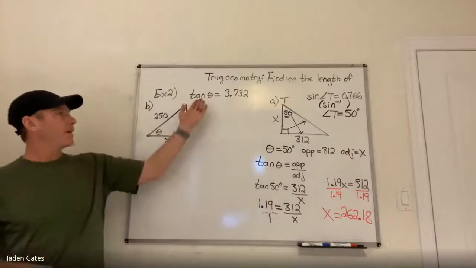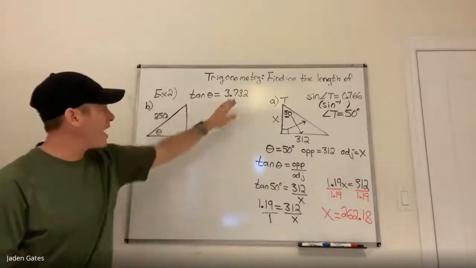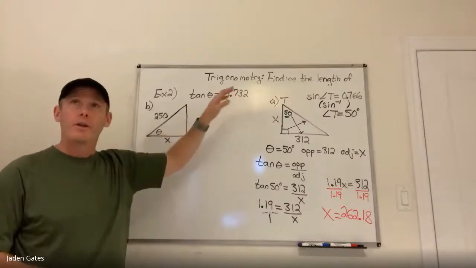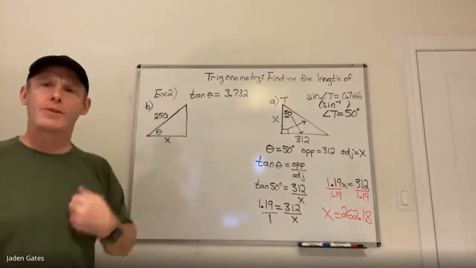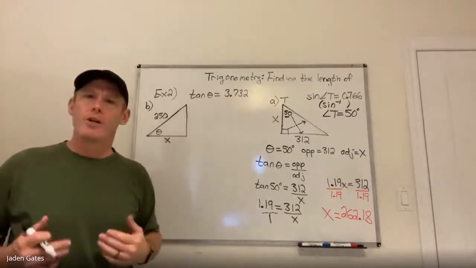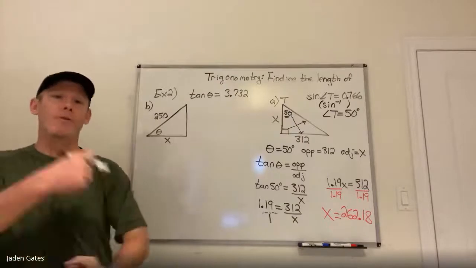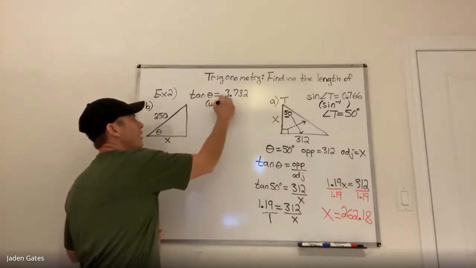Again, I have some information here that's going to help me find the angle because I know the tan ratio. I know the TOA, the opposite divided by the adjacent, is going to equal that, but I don't know the angle. Because I'm now working in reverse, I'm going to use tan inverse on my calculator this time.